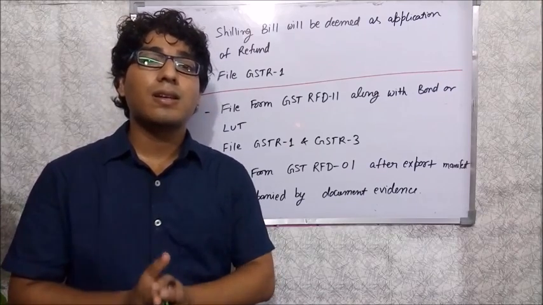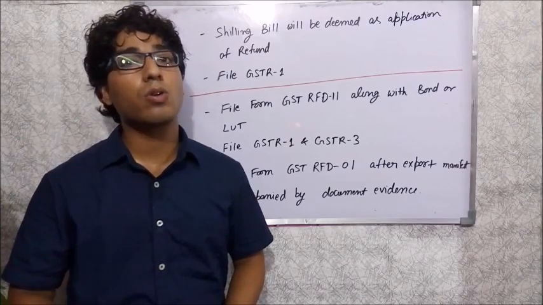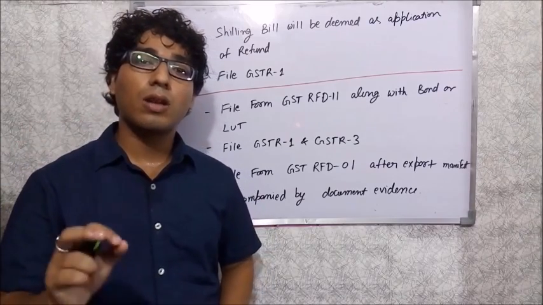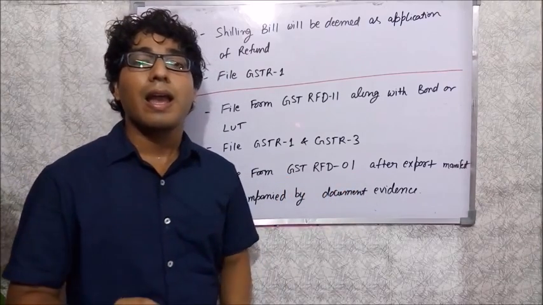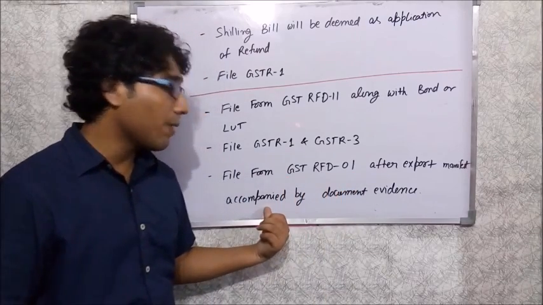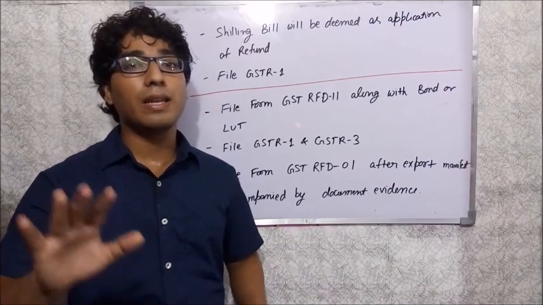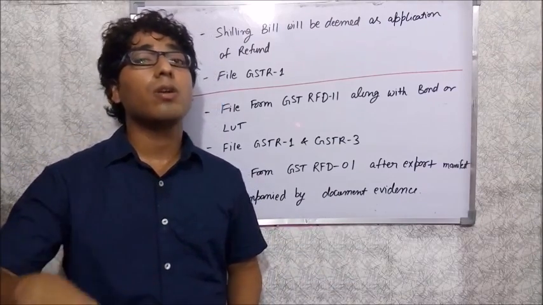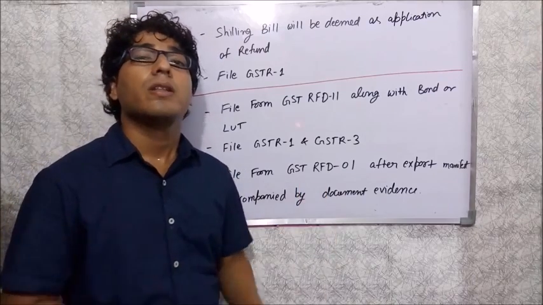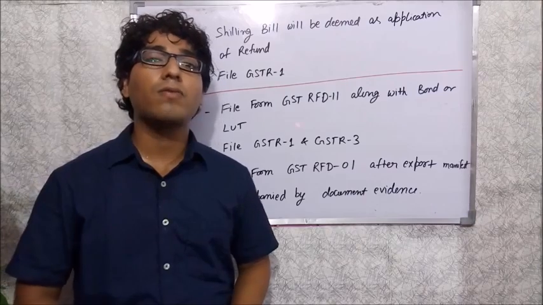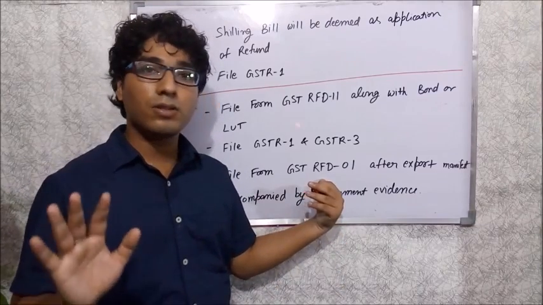When that person has filed the export manifest or the export report, then only you can file the application in GST RFD 01, and with that application you have to accompany certain documents which will be proof that you have exported the goods. Under the GST rules, there is a certain document list that you need to accompany with the refund application in GST RFD 01.